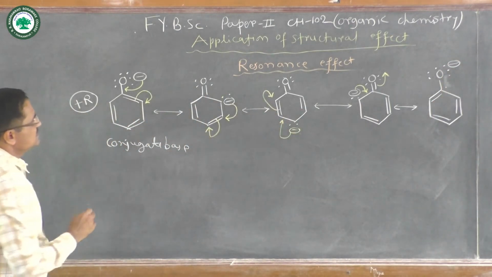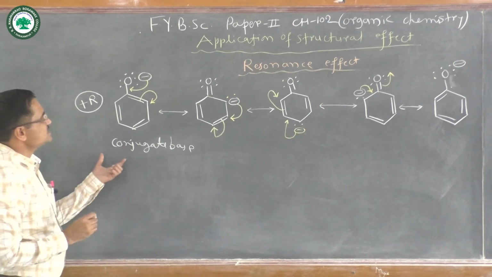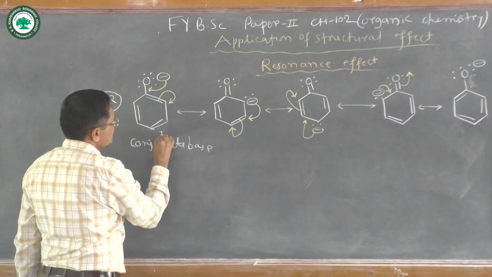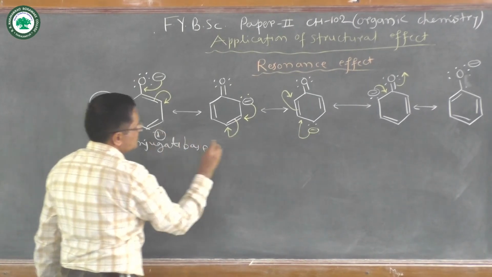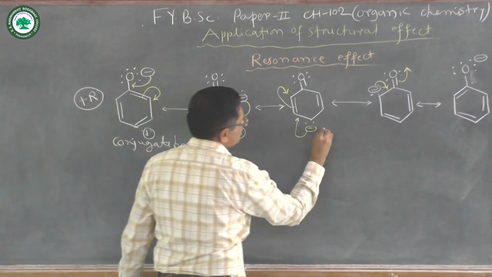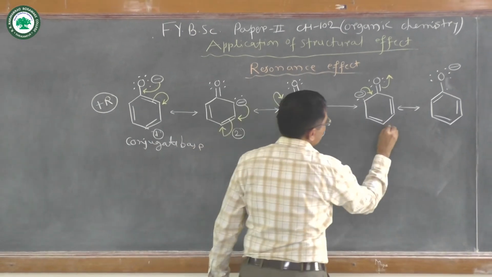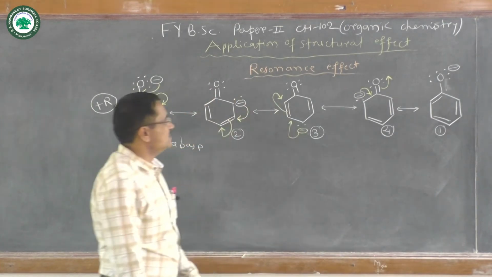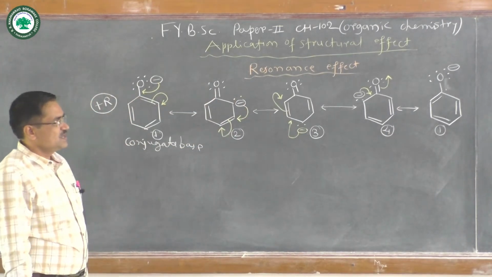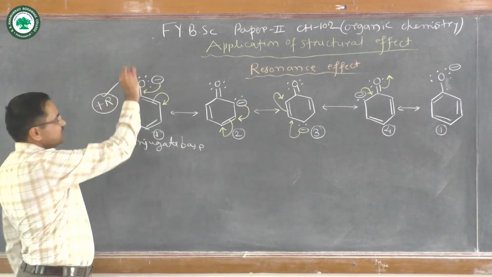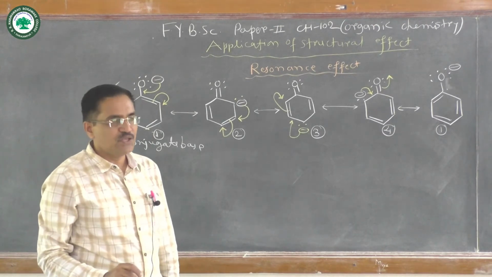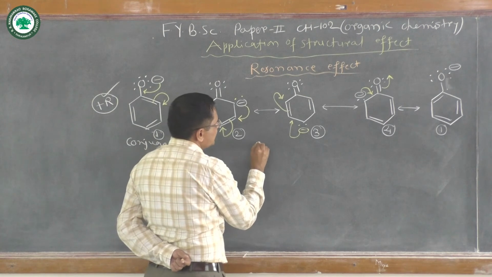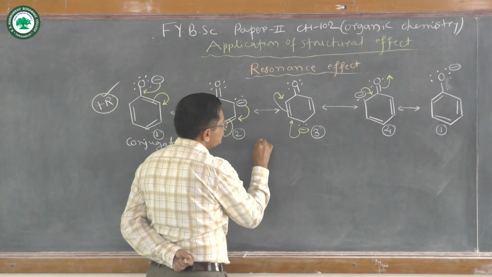Means this phenoxide ion shows four resonating structures through plus R effect, and this is resonance stabilized.